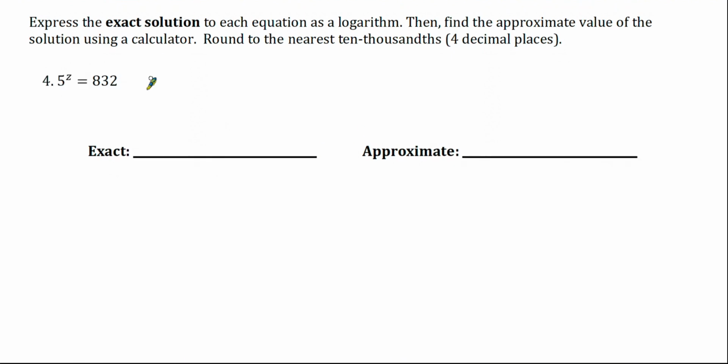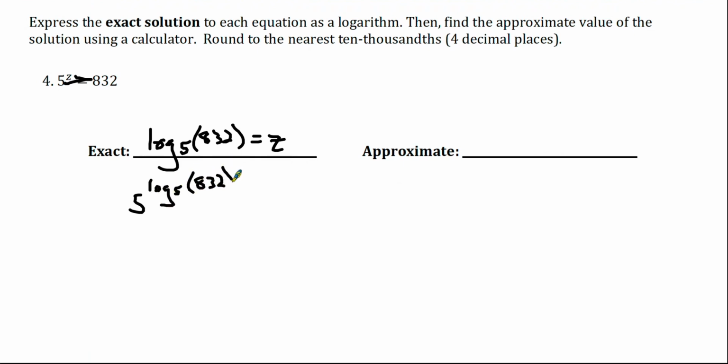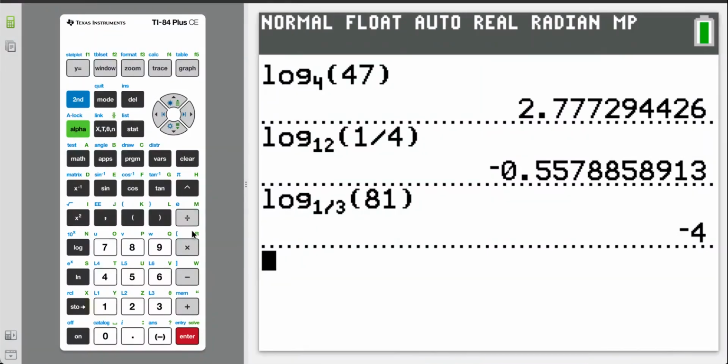The very last one, same thing. Rewrite this as a log. So log base 5 of 832 equals z. All right, so again, what that means is 5 to the log base 5 of 832 power equals 832. And then we can get a decimal approximation for this in the calculator.